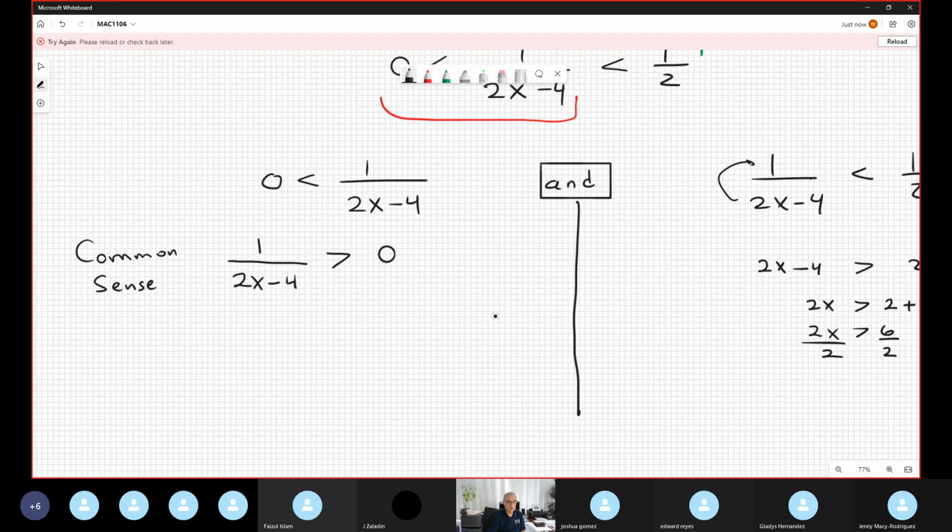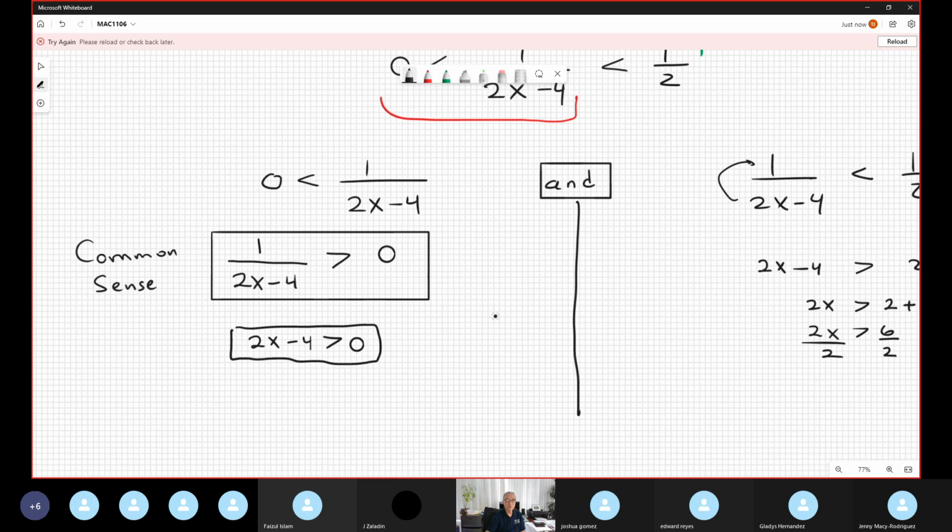The common sense is positive or negative. This expression is greater than 0, so this expression is positive. The numerator 1 is positive, therefore the denominator is also positive. Unbelievable but true, this is 100% equivalent to this. This looks complicated, and this is super easy.